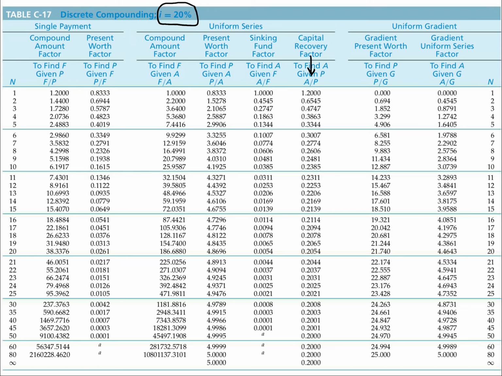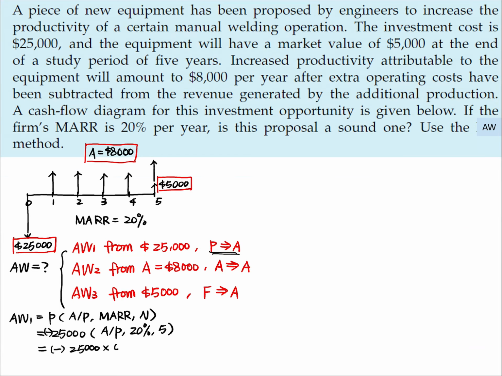So it's negative 25,000 times a factor. The factor is from this table, i equals 20%. It's to find A from P, so this is the column, and the number of n is 5. So this is the factor you're going to use: 0.3344. The final result is negative 8,360.